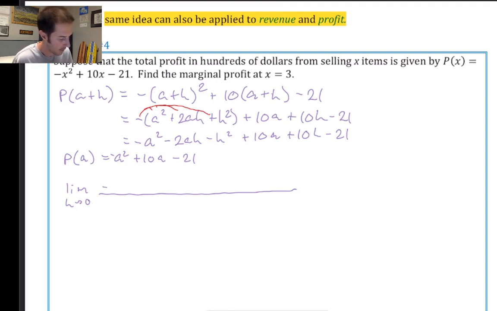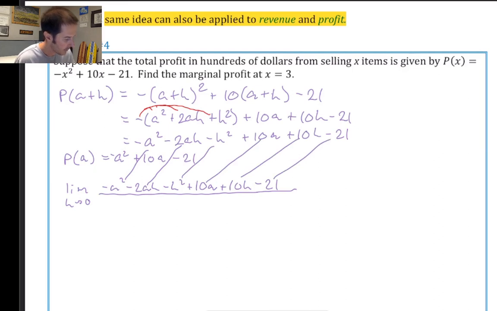And I've got negative a squared minus 2ah minus h squared, etc. And my eye is always going up and checking to make sure that I'm copying each one of these terms down correctly and got the signs correct on all of them. So I'm in good shape there.